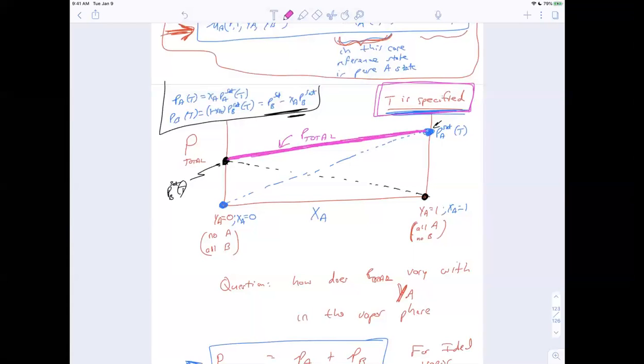Okay, so along this line, I'm going to ask a question now. Along this line, not at x sub A equal to 0 or x sub A equal to 1, but anywhere along this line, how many phases do we have? How many phases do we have along that line?